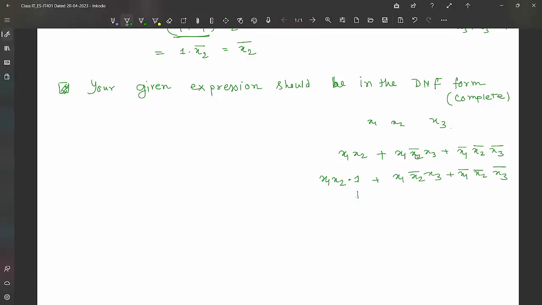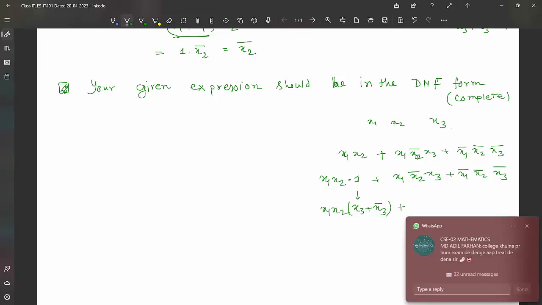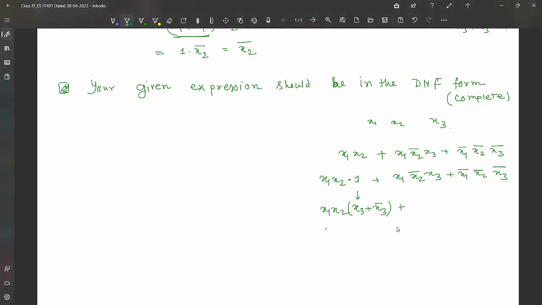After that take this 1 as x3 plus x3 bar, because you all know that, and then multiply it by x1. After that you will get x1 x2 x3 plus x1 x2 x3 bar, and sum it with these two remaining portions x1 x2 bar x3 and plus x1 bar x2 bar x3 bar.